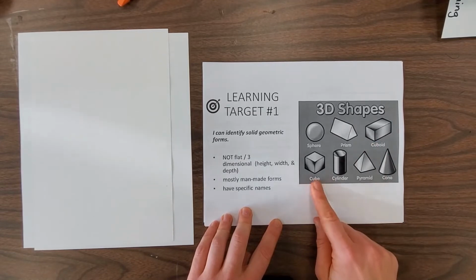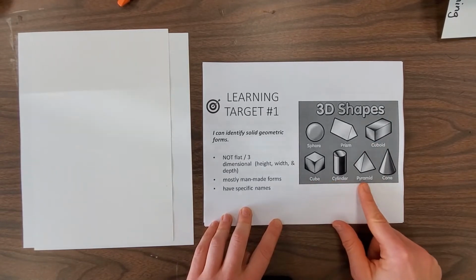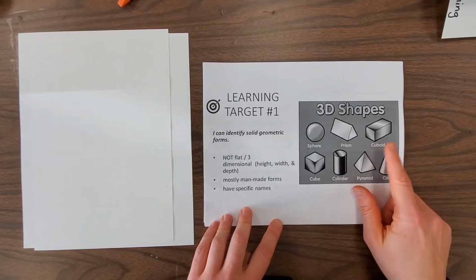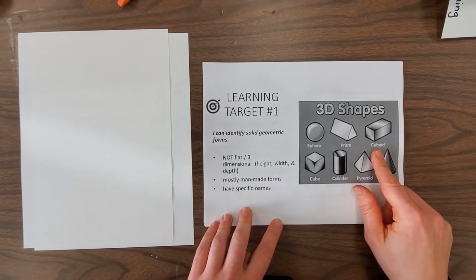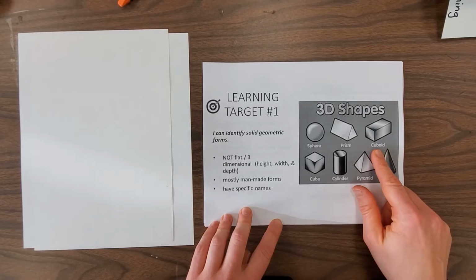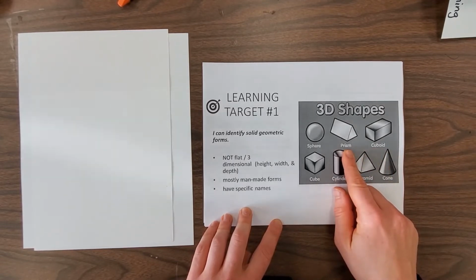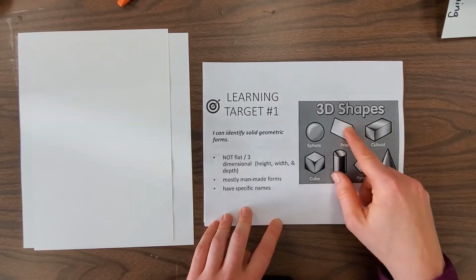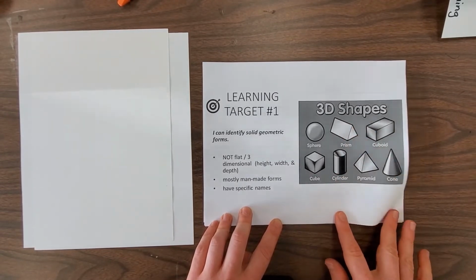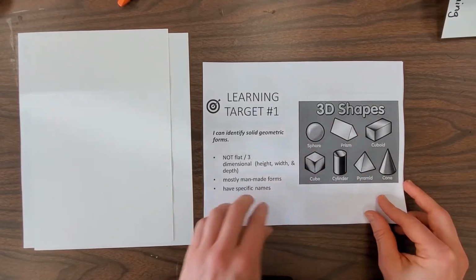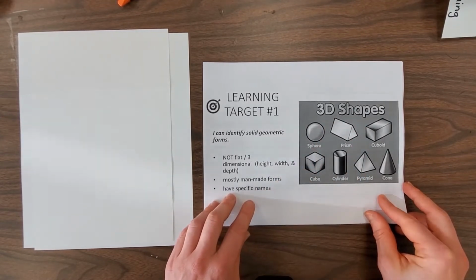Cuboid, cube, cylinder, pyramid, cone. Now, the cuboid is also referred to as a rectangular prism, and this prism can also be called a triangular prism. So those are fun, more specific names that you can call these 3D shapes. You're going to need to pick one 3D shape.